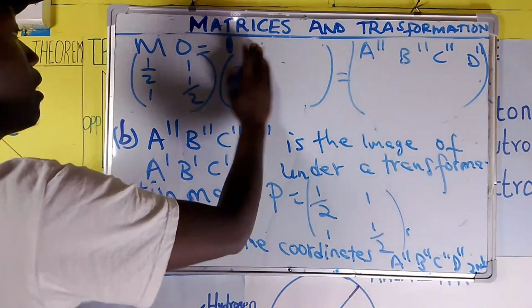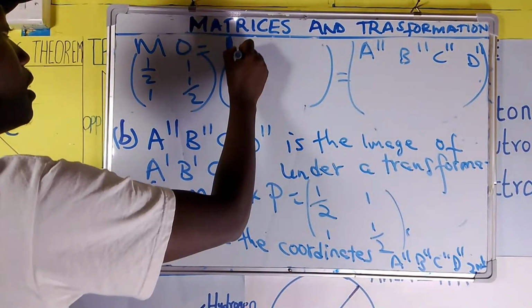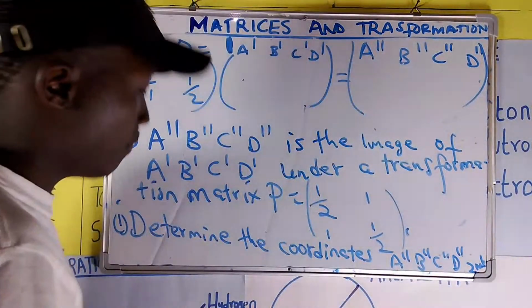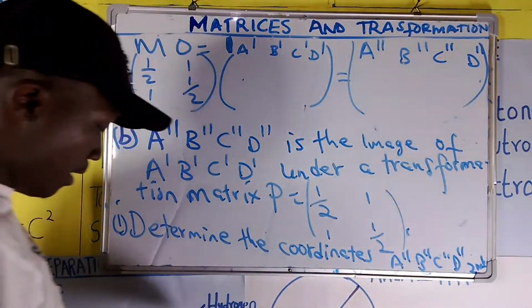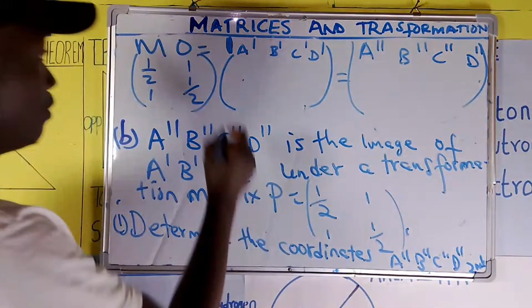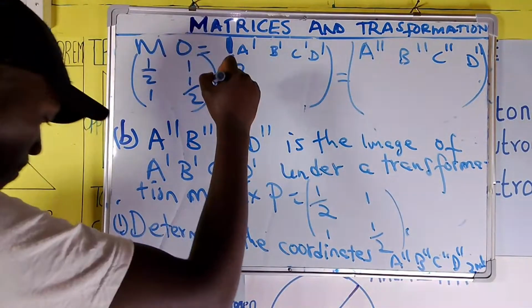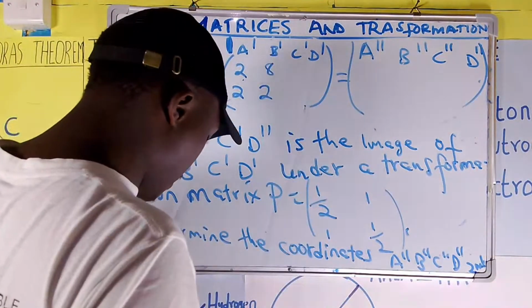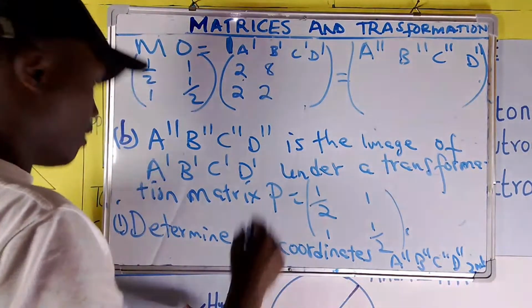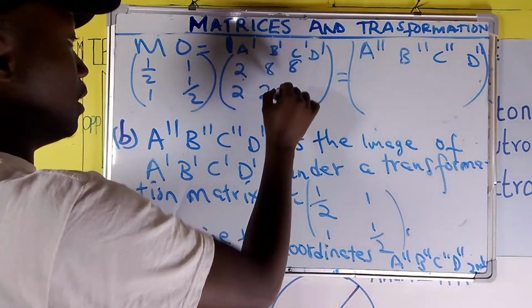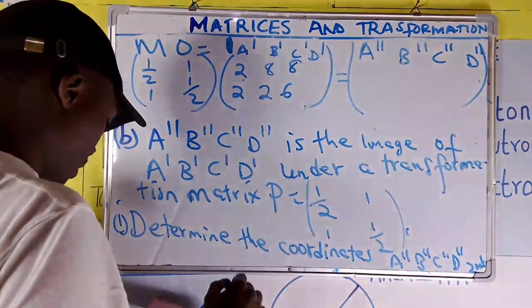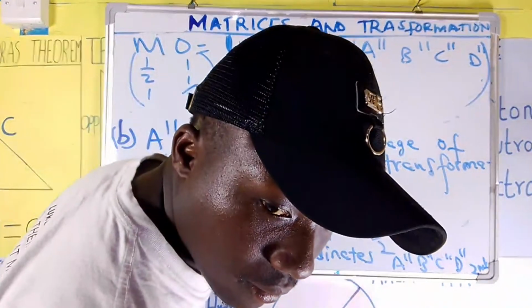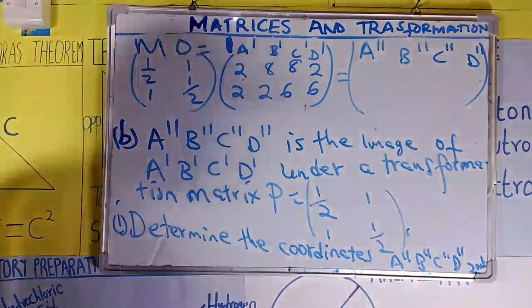This is not a triangle. It's A prime, B prime, C prime, D prime. So A prime ilikuwa 2, 2. B prime ilikuwa 8, 2. C prime ilikuwa 8, 6. And D prime ilikuwa 2, 6.